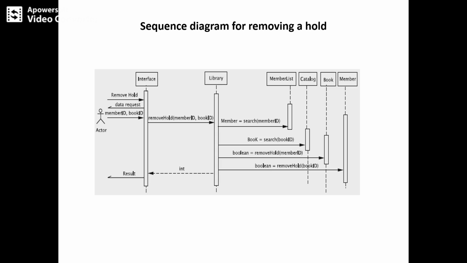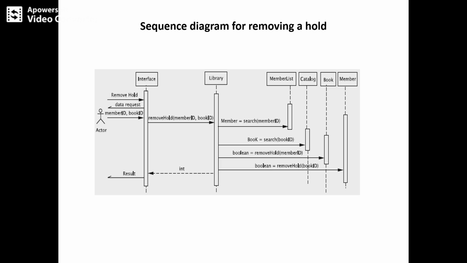The same thing: remove hold is the data request of the user interface, and the actor will be inputting the data, the member ID and the book ID, which are a must here. Then the main library class gets remove hold with member ID and book ID.